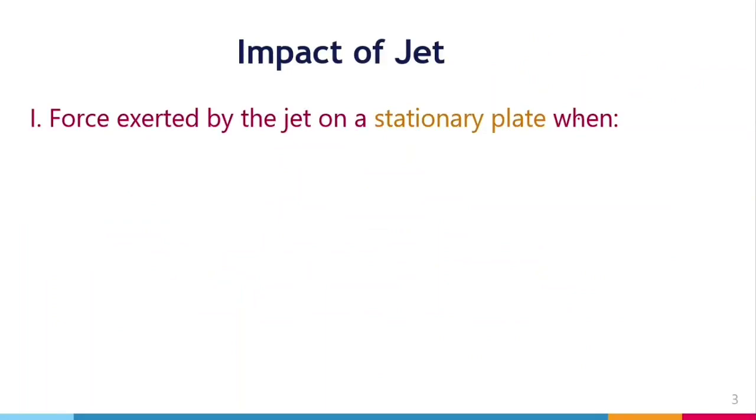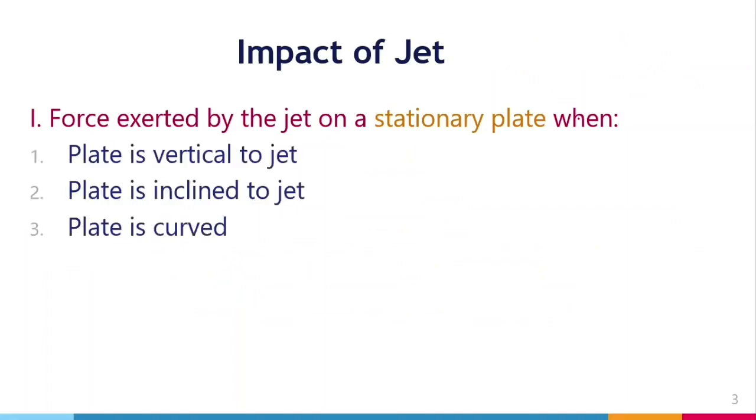So when we are talking about the stationary case, we have three sub conditions or three sub criteria where we need to calculate the force exerted. One is plate is vertical to the jet, plate is inclined to the jet, and plate is curved. Plate means who? The surface. The surface will be vertical to the jet. If the water is striking horizontally, the plate would be vertical, 90 degrees to it.